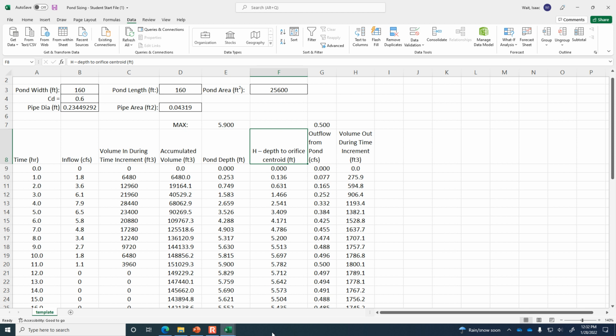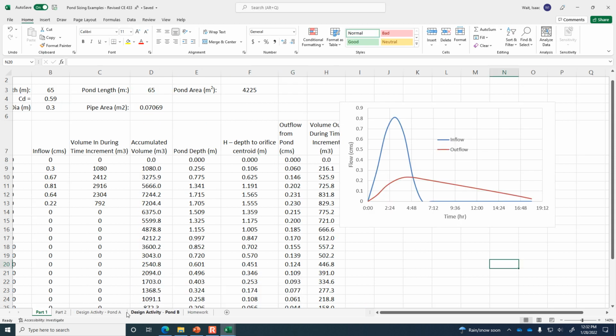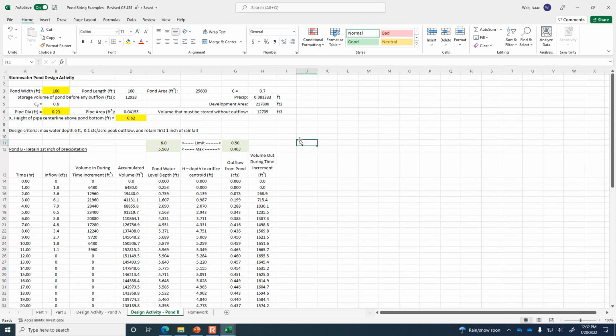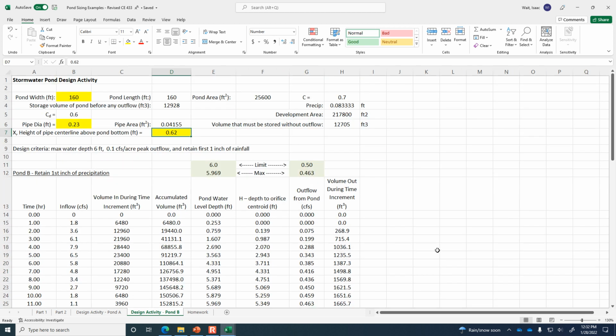And so I did that process and found that you need to raise the outflow pipe 0.62 feet above the bottom in order to make it so that the pond is storing a certain volume of water before there's any discharge.